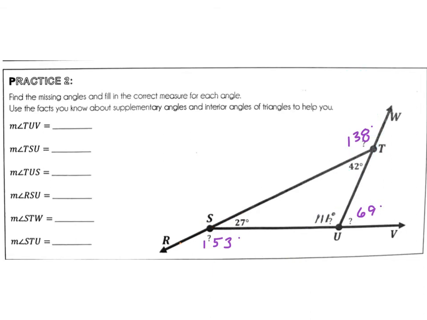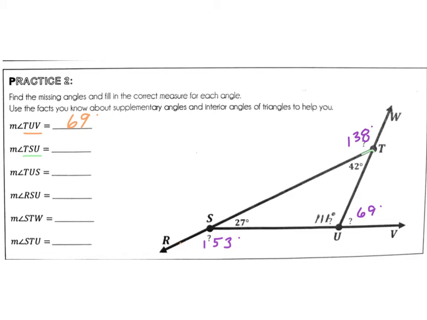And now we're going to connect the dots to get the angle measure. So TUV is up first. So connect the dots. T to U to V is the angle 69 degrees. So I put 69 in there. Next up, TSU.